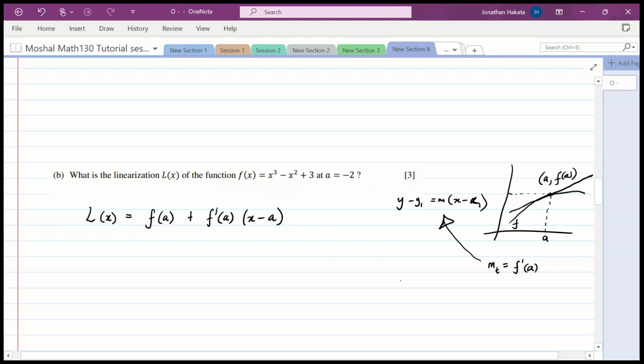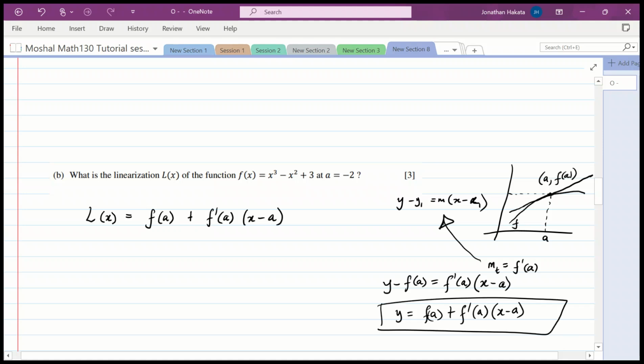So then the equation of this straight line, which is the tangent, will be y minus, and the y1 there is f of A, equal to m, the gradient of that line, which is just equal to f prime A, into x minus the x1, which is the x coordinate, A. So you move this f of A to the right hand side and you end up with f of A plus f prime A into x minus A, which is exactly the same equation for the linearization of a curve.